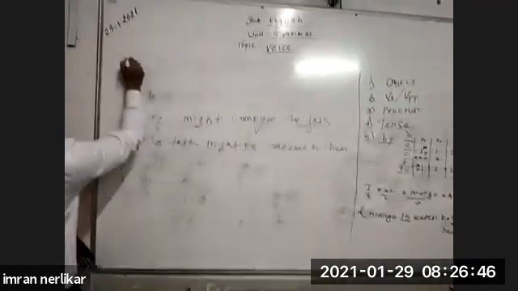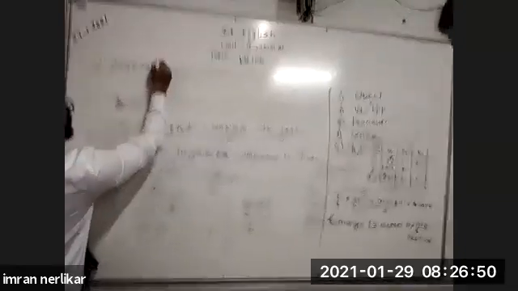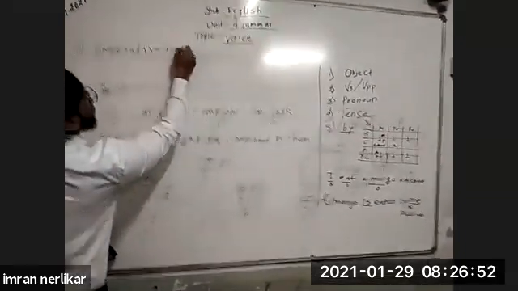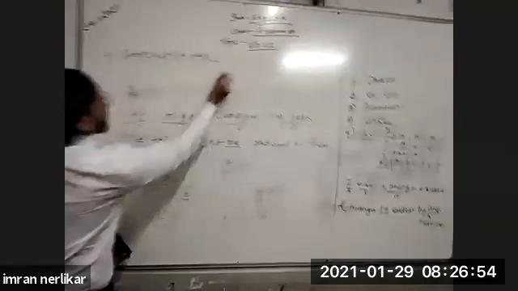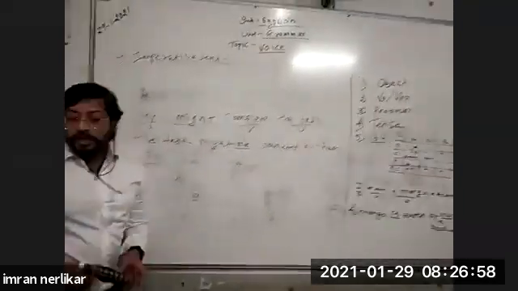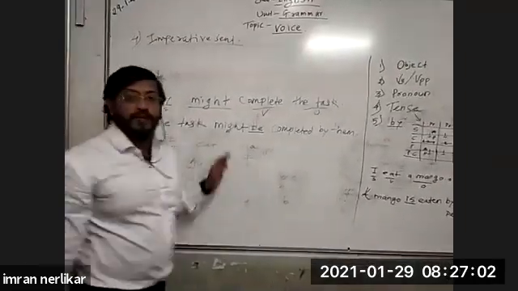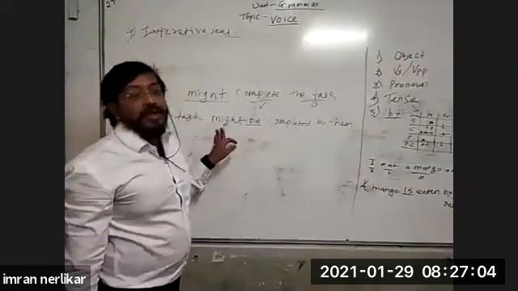So suppose the sentence which is given to you for active to passive is an imperative sentence. What do you mean by imperative sentence? An imperative sentence means the sentence in which orders are given.